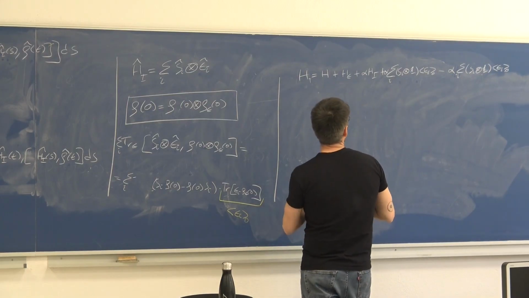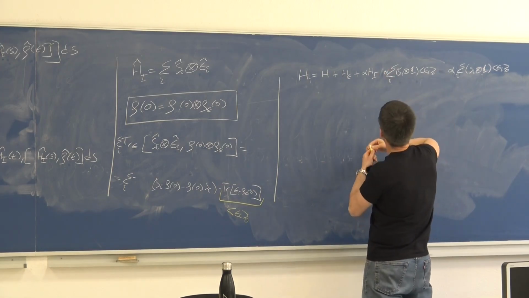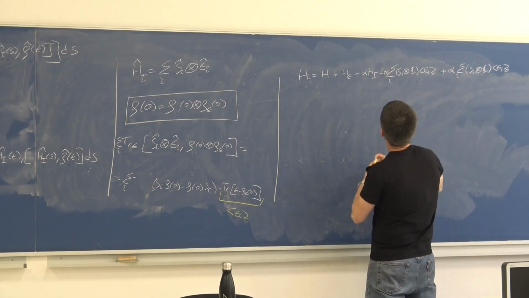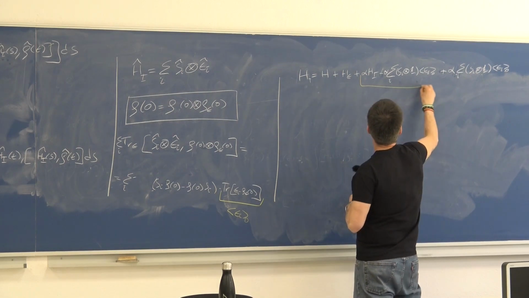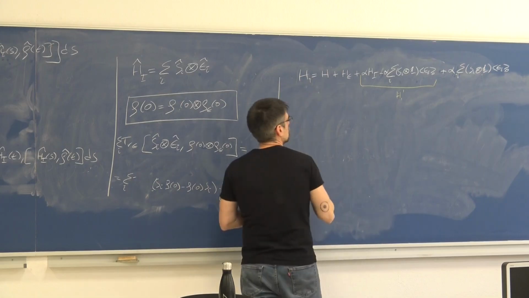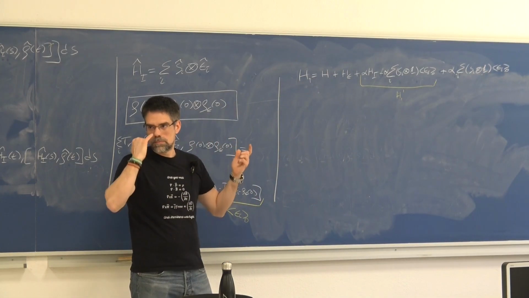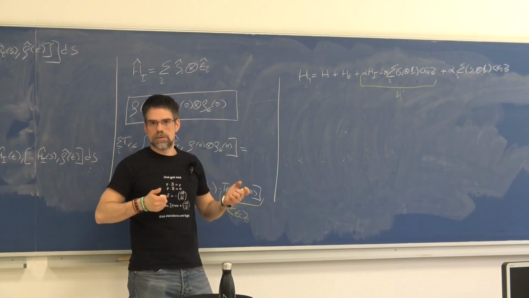And to make it easier, first I subtract and then I add, and I'm going to call this H_I prime. This is something I can do because I add and remove, so it's the same thing.